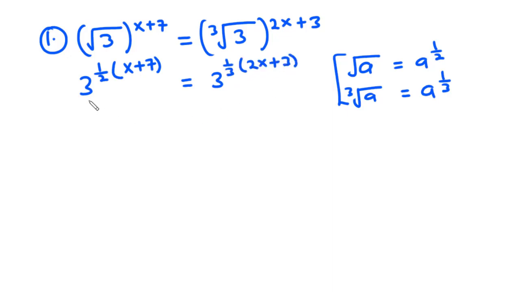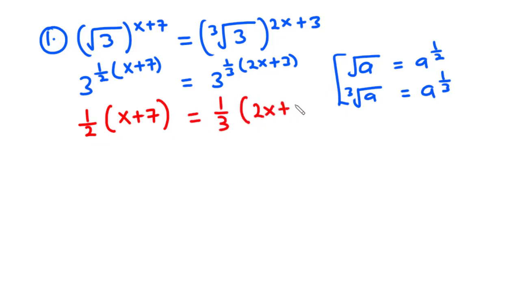Now because we have the same base, we are going to compare their exponents. So we are going to have 1 over 2 multiplying x plus 7 equals 1 over 3 multiplying 2x plus 3. Now let's focus on this equation. We realize that we have 1 over 2 and then we have 1 over 3 here.